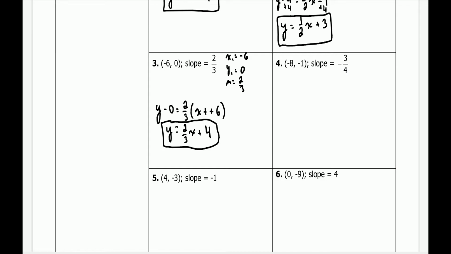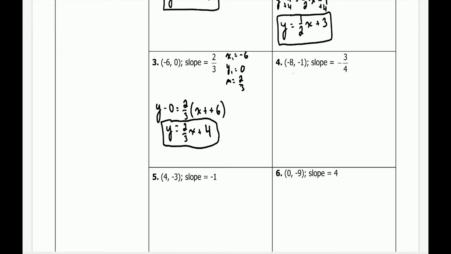Number 4. We have negative 8, comma negative 1, and the slope is equal to negative 3/4. So we have x1, y1, and m. x1 is negative 8, y1 is negative 1, m is negative 3/4.